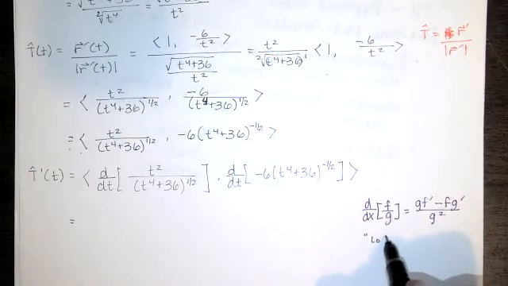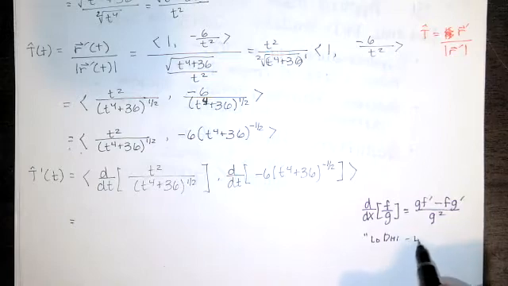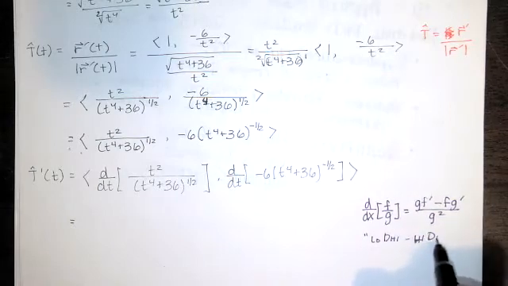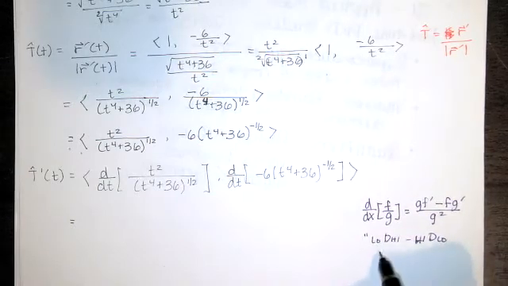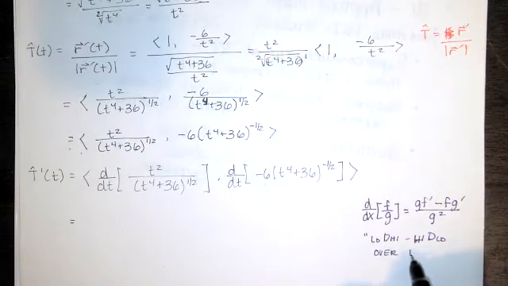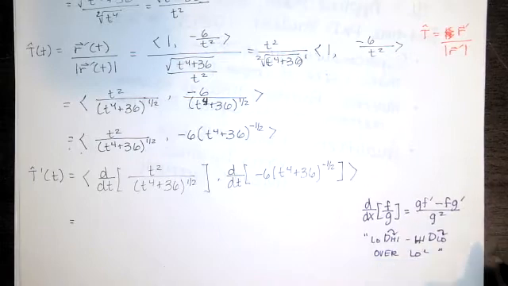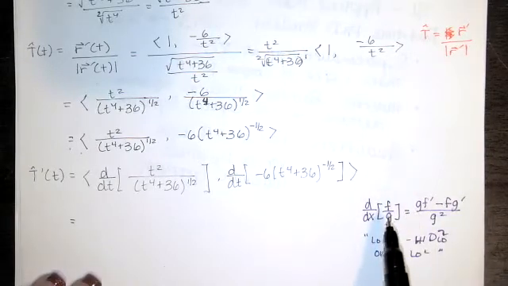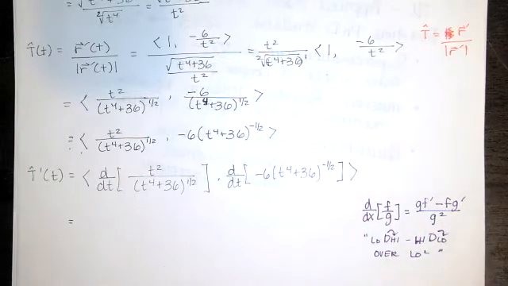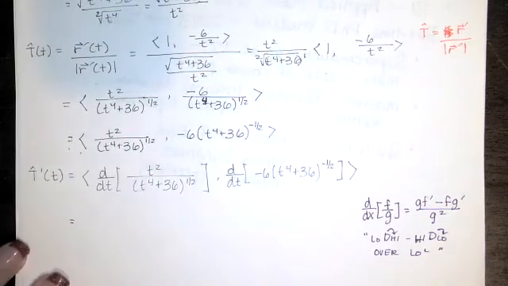Here's our mnemonic, low d high minus high d low over low low, or low squared if you prefer. And the d is an operator, it applies to whatever's in front of it. So it's the bottom function times the derivative of the top function minus the top function times the derivative of the bottom function over the bottom function squared. So that's what we're doing here.